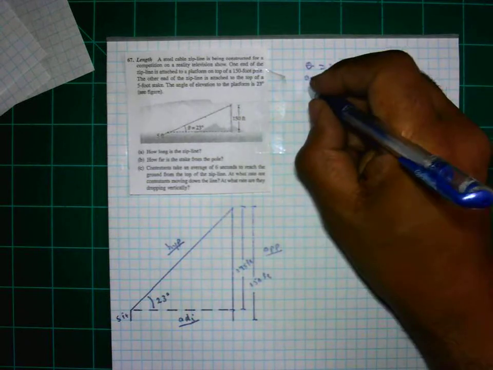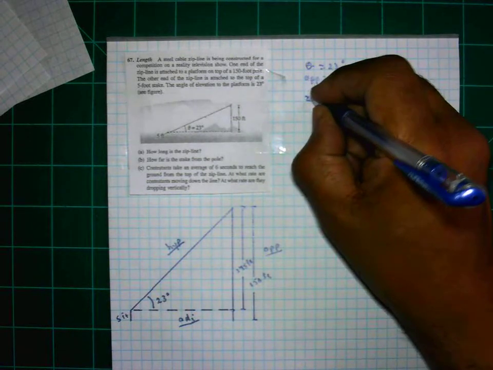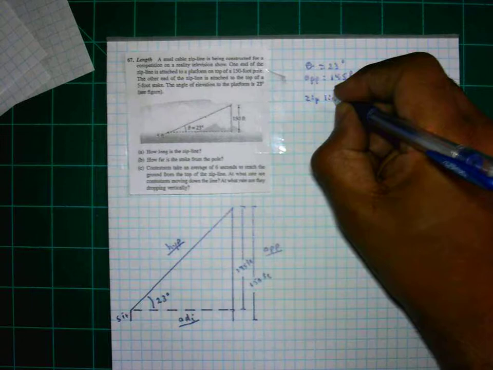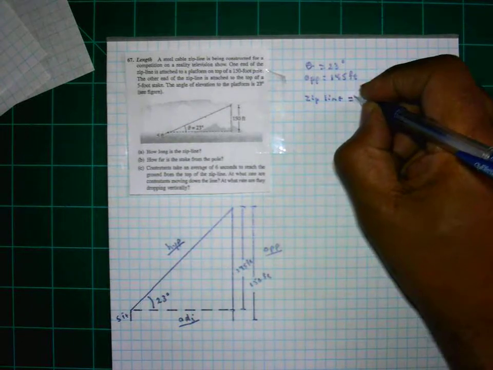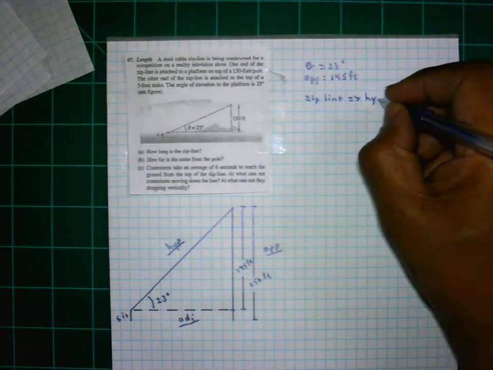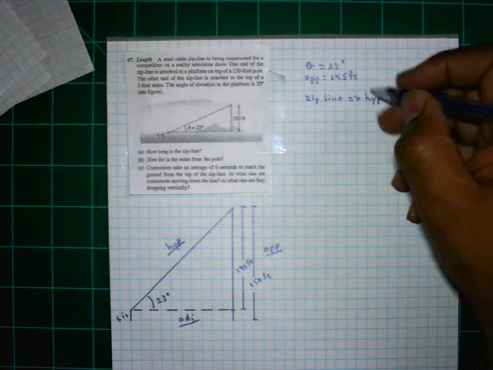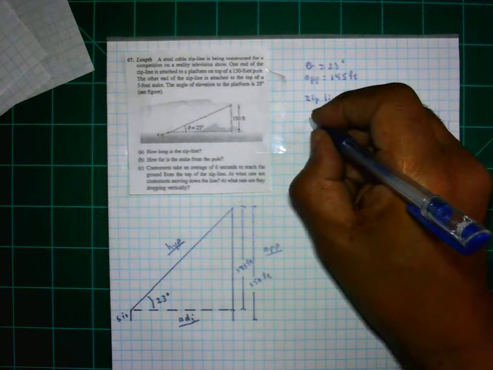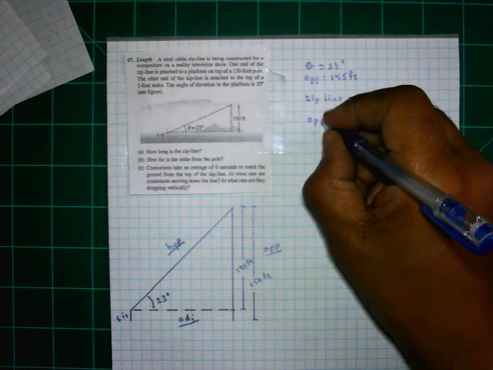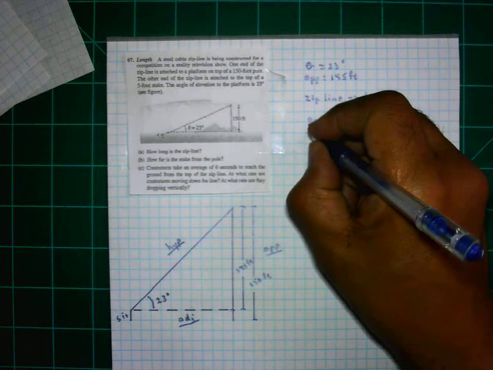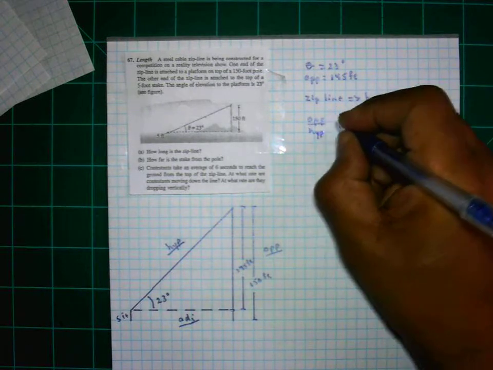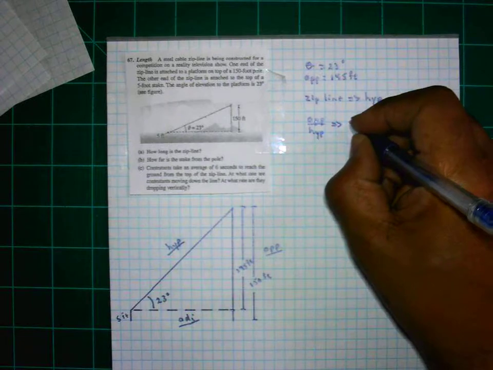Well, as I said, the zip line is the hypotenuse. So I'm looking for the hypotenuse. I'm given the opposite. So my relationship is going to involve the opposite side and the hypotenuse. And by definition, this is the sine of theta.